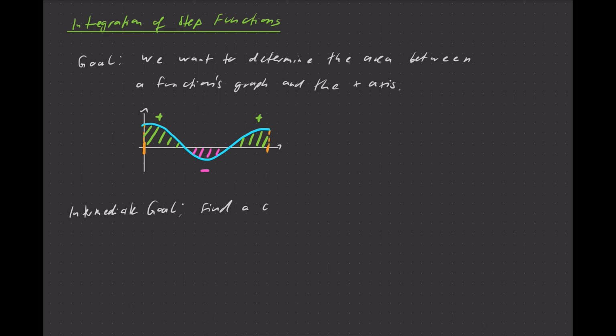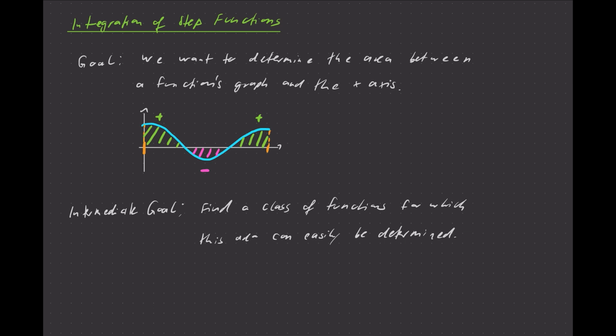We want to find a class of functions for which that goal is easy to attain. So for which this area can easily be determined. And we'll first define an integral on that class.